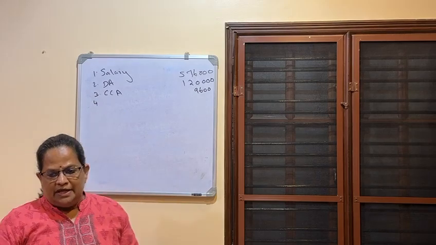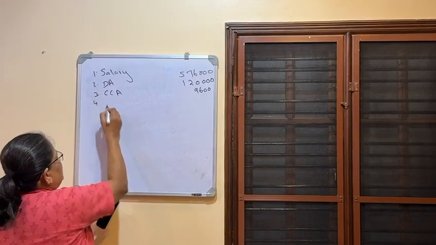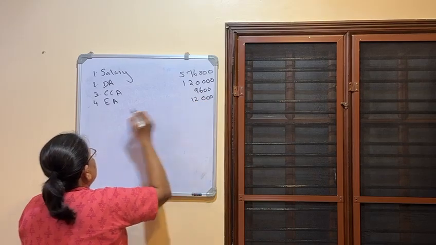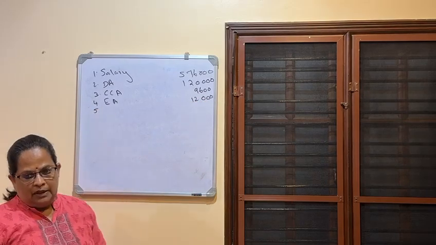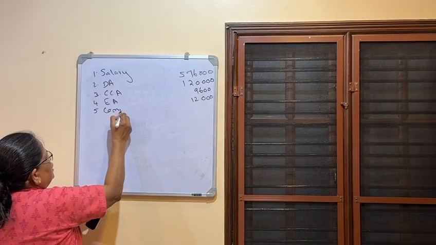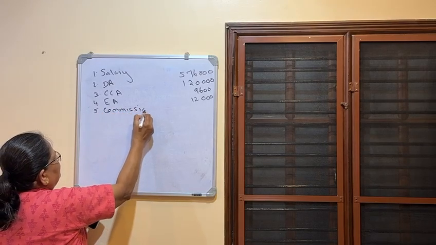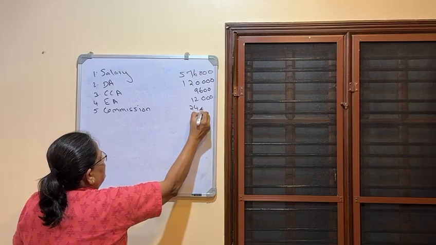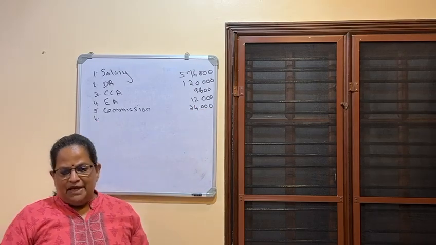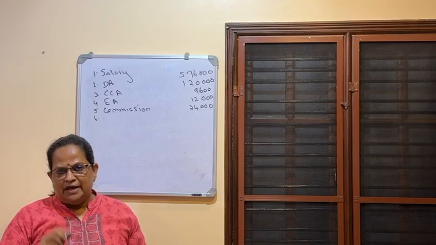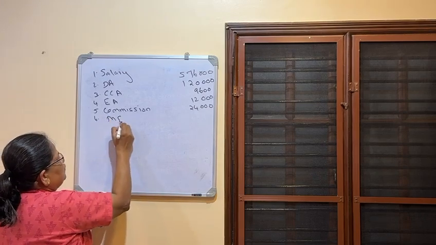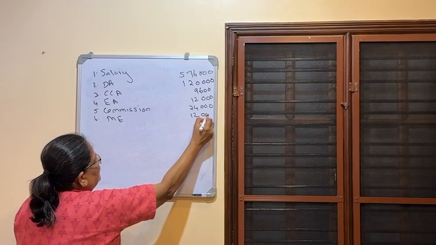Fourth is entertainment allowance fully taxable. Entertainment allowance, private sector employee, 12,000. Now commission 24,000. Then medical expenses reimbursed. Since the treatment is from a private hospital, medical expenses fully taxable 12,000.